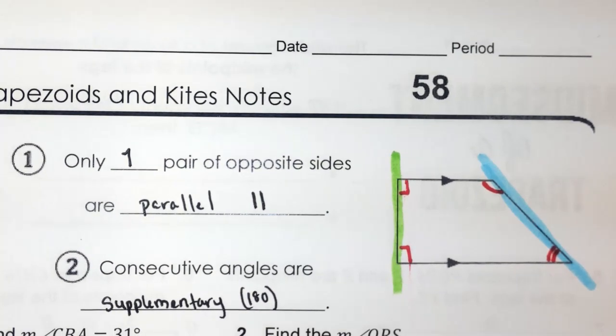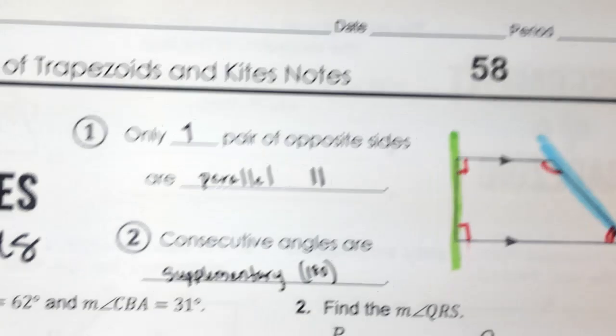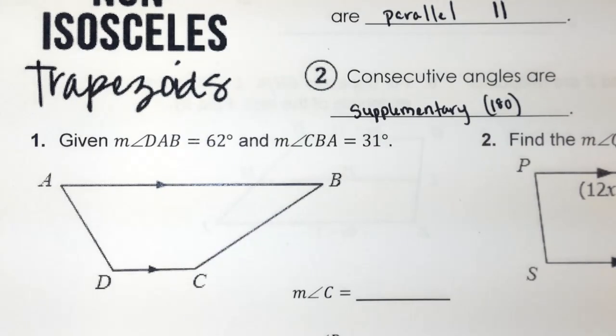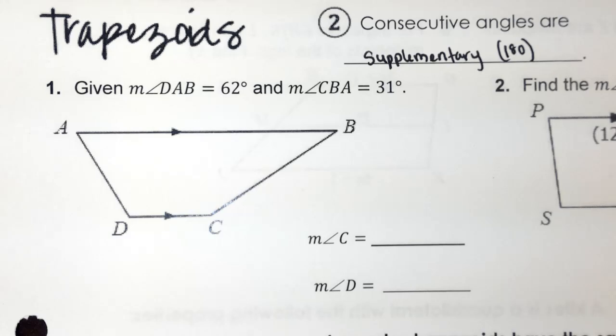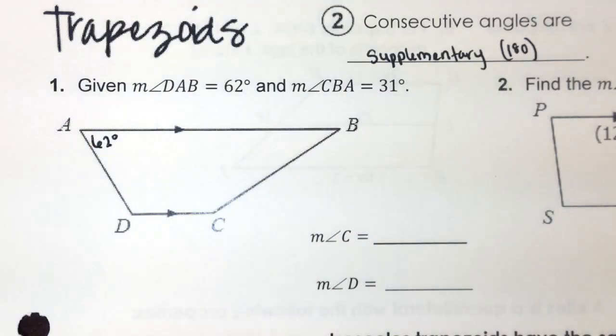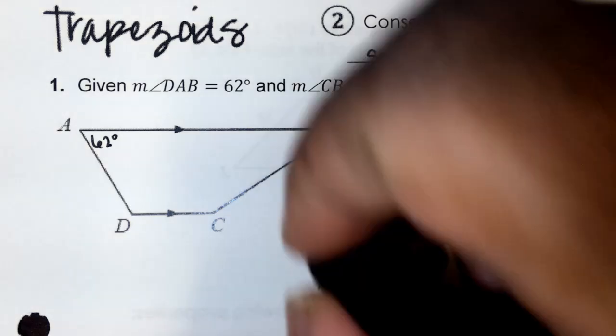Keeping that in mind, let's solve some problems using a non-isosceles trapezoid, just a regular trapezoid. Given the measure of angle DAB is 62 degrees, the measure of angle CBA is 31 degrees.